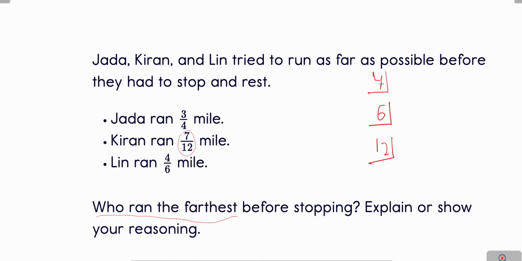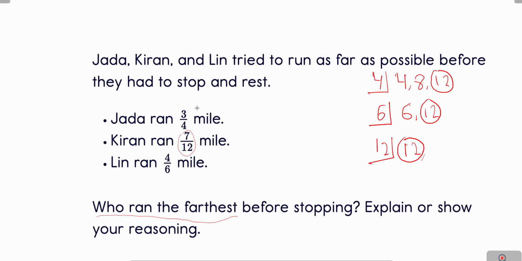Okay, so 4, you list the multiples: 4, 8, 12. 6, skip count by 6: 6, 12. 12, you start with 12, and you skip count by 12: 12, 24, etc. So 12 is going to be my least common multiple. So that's going to be my lowest common denominator between these fractions. So this fraction, 7 out of 12, I'm going to leave as it is.